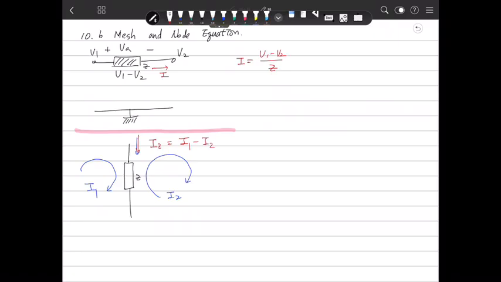This is I2. Therefore, the voltage V is Z times I1 minus I2. So we can apply the phasor in the mesh current and the node voltage concepts.